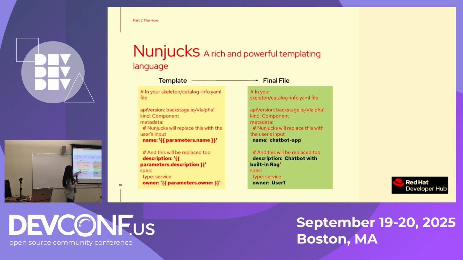You see something here with the double curly braces and parameter names. This is from the user input, and so with Nunjucks, it will replace the name with what the user inputted, which is the chatbot app. So this is how the templating scaffolding works in software templates.